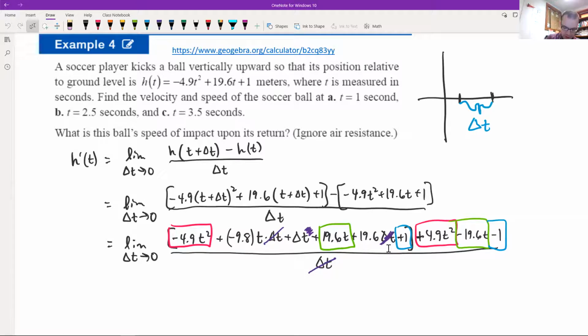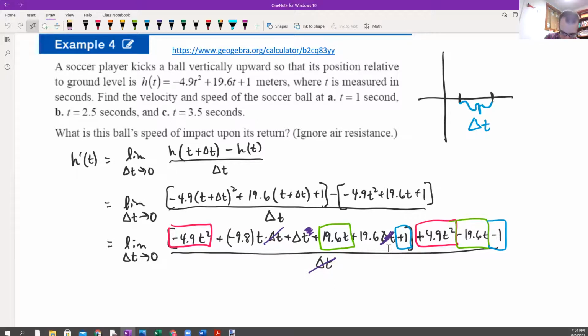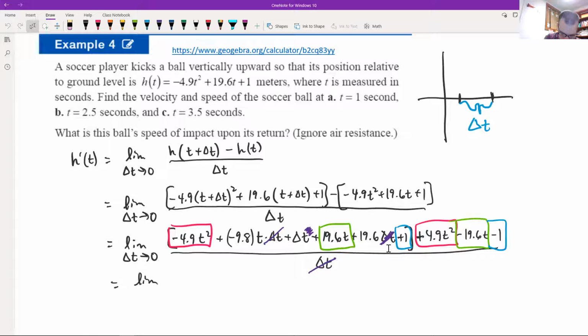So in the next line, all that we're left with is the limit as delta t goes to 0 of negative 9.8 t plus delta t plus 19.6. And if we evaluate that limit and let delta t go to 0, all we're left with is negative 9.8 t plus 19.6.